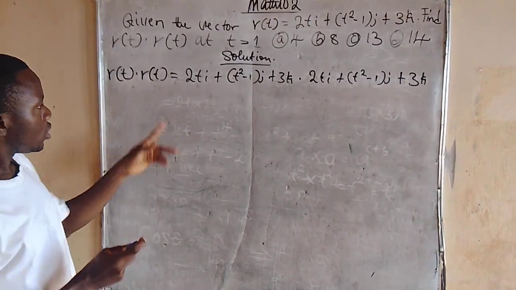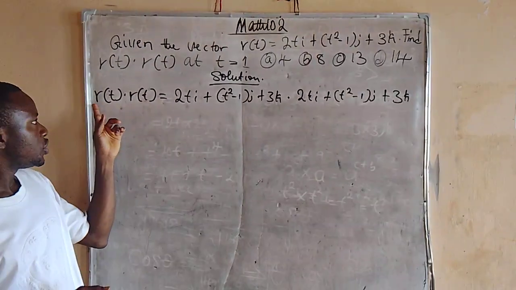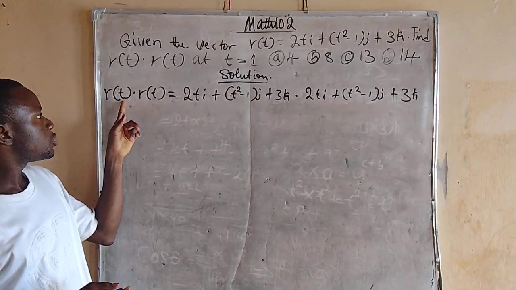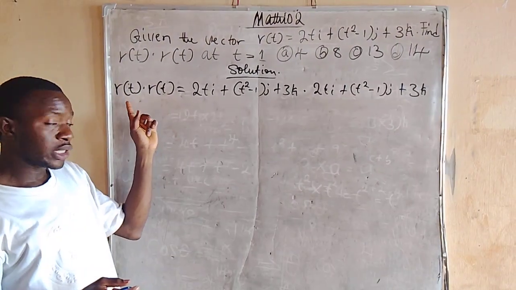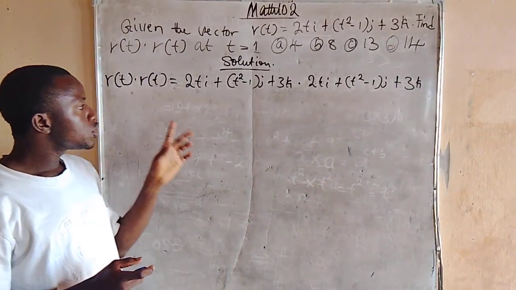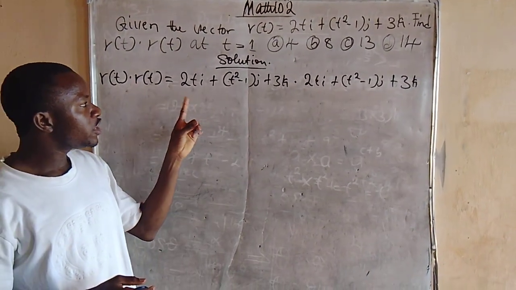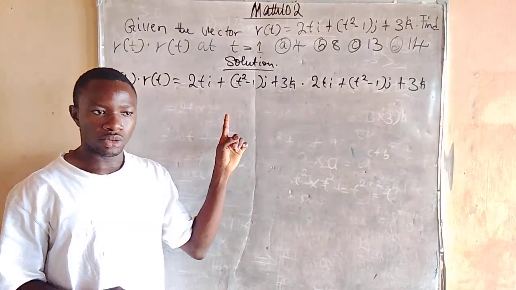So that is just the interpretation of this: r(t) multiplying r(t), the vector multiplying itself. This is specifically on multiplication of vectors.